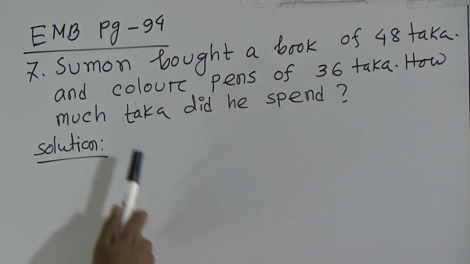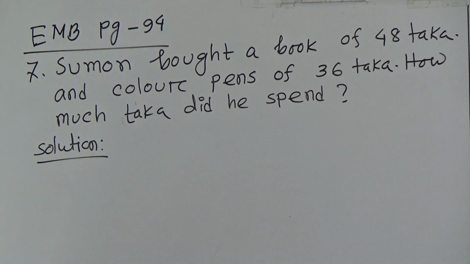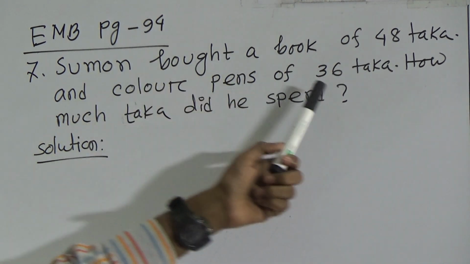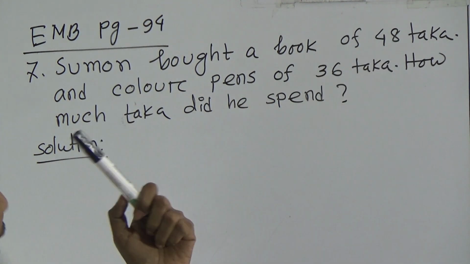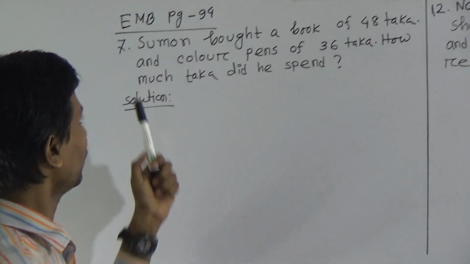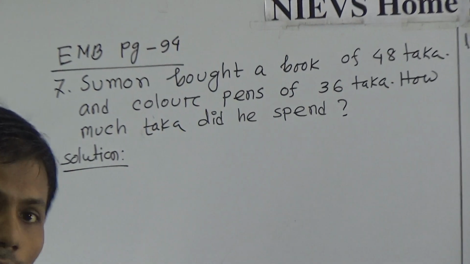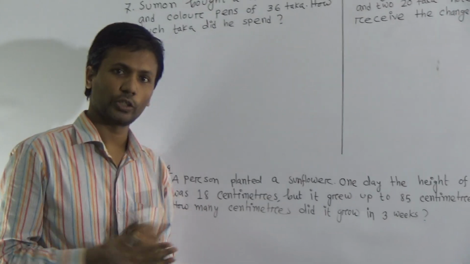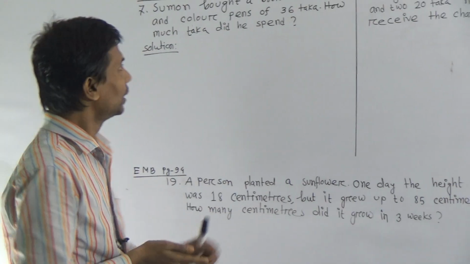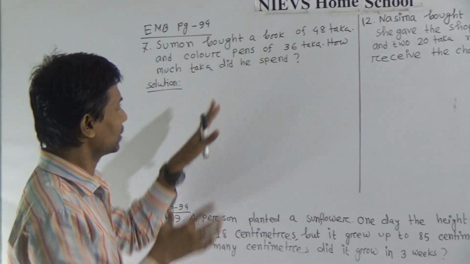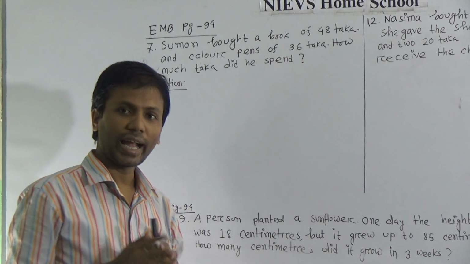How much taka did he spend? Suppose you bought a book for 48 taka and color pens for 36 taka, then how much taka did you spend? This word problem is addition.